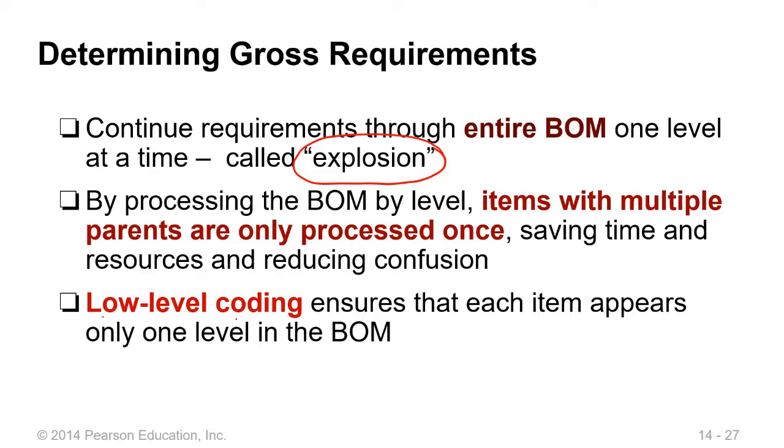Low level coding means you put the requirements of the material which is required in many levels at the lowest. Don't mix up. Which is the D just now. D is put at the lowest level, not at the level which is difficult to understand.